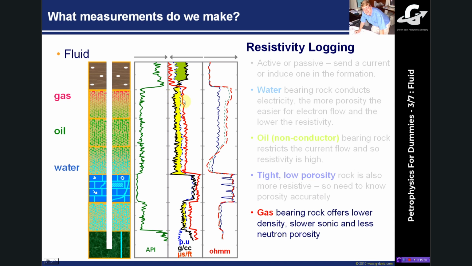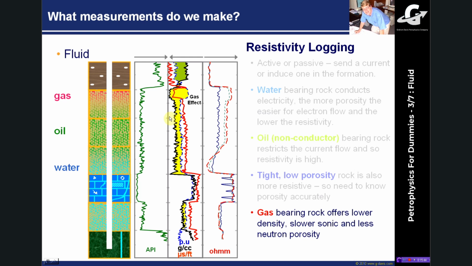The sonic is much slower through this gassy formation, and the neutron is also affected. The neutron is affected by the hydrogen index. It's a low hydrogen index, so we get a low neutron porosity. There's not as much water porosity there in a gas zone. So what that sometimes looks like on a log is what's called the gas effect.